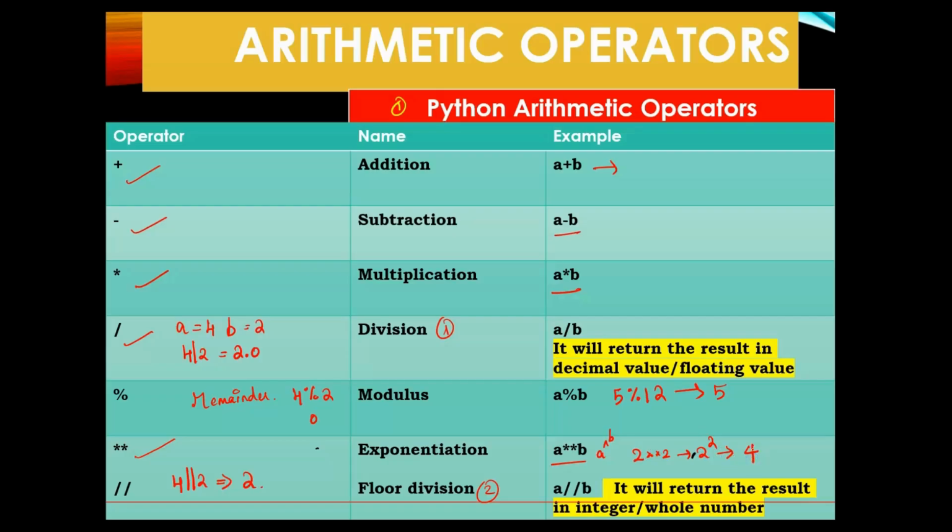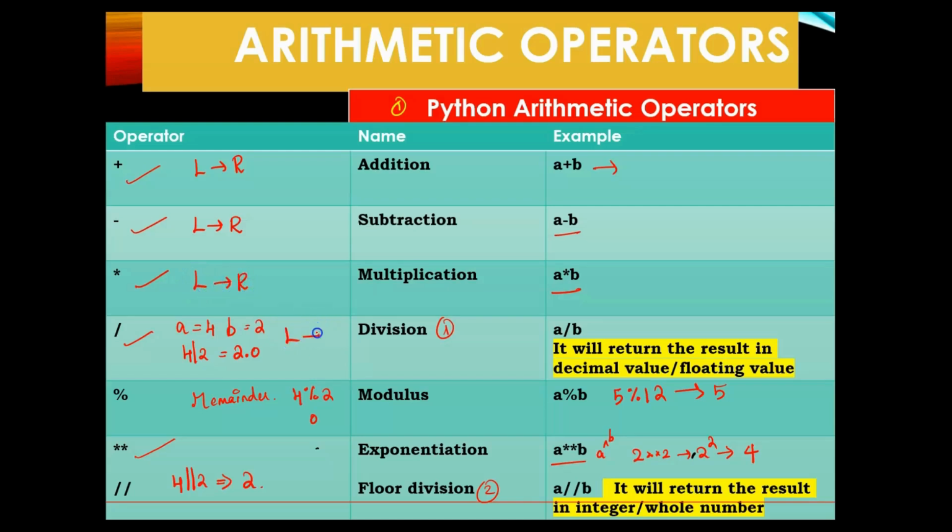We are having the precedence of the exponentiation operator as right to left. All the other operators except the exponentiation operator will be working from left to right. See, addition works with left to right precedence, subtraction is the same, and multiplication is also left to right.